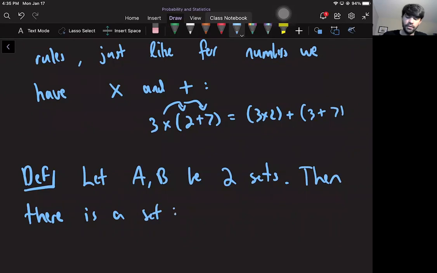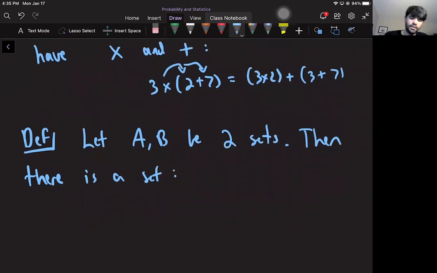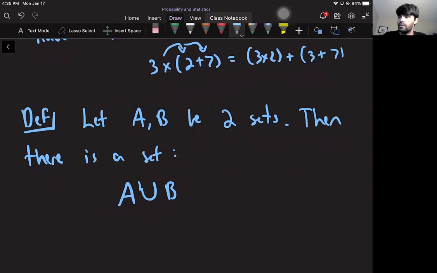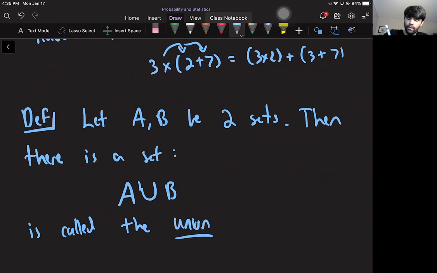So the notation for this new set that we create, since it's an operation, we stick it between the two things that we're putting together, like we would a multiplication between numbers. So this is like a capital U. It's called a union or a cup. So this is called the union of A and B.